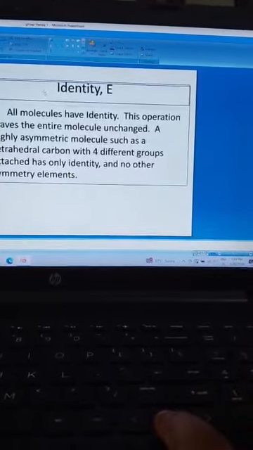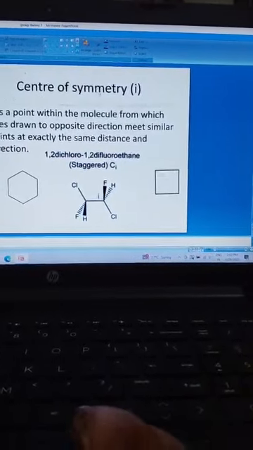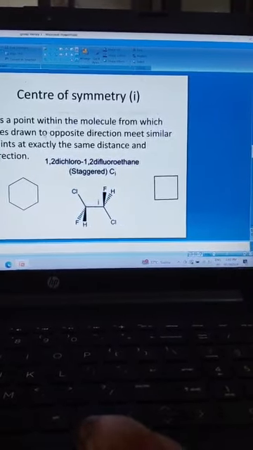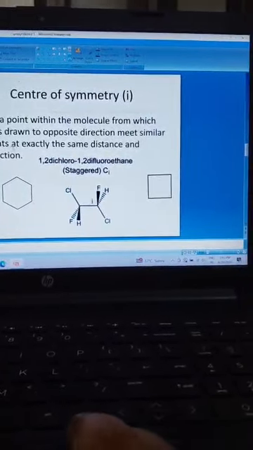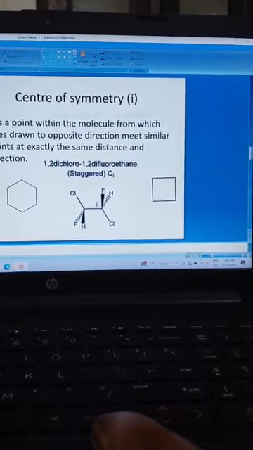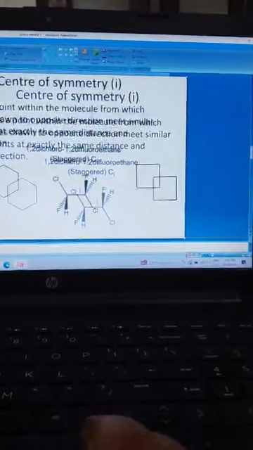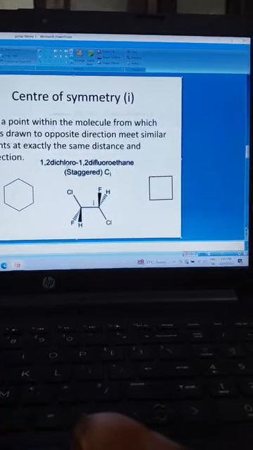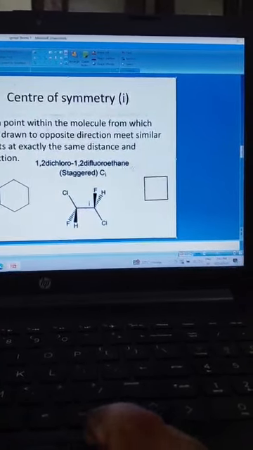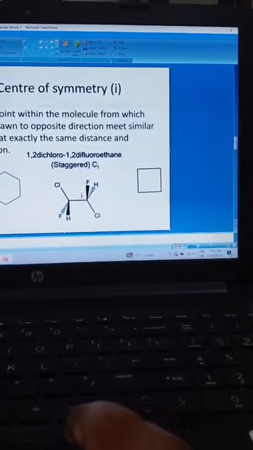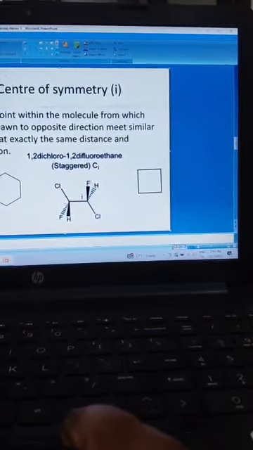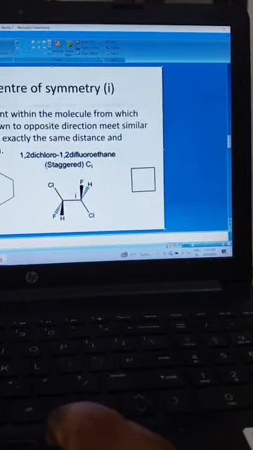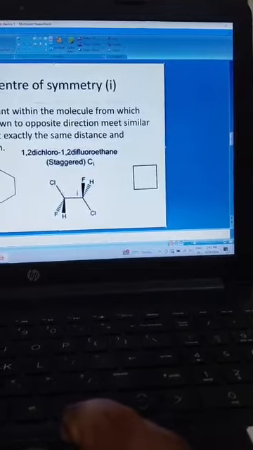Center of symmetry is the point within a molecule from which a line drawn in one direction meets a similar point at exactly the same distance in the opposite direction. If we see this molecule, that is 1,2-dichloro-1,2-difluoroethane staggered form, in this molecule there is only a center of symmetry. How to see the center of symmetry?